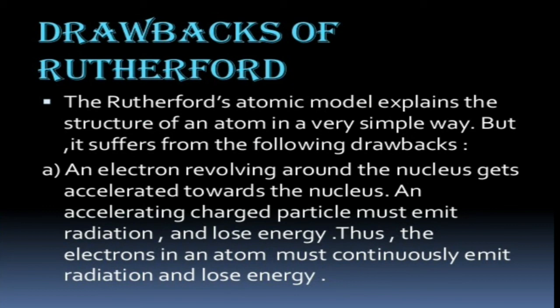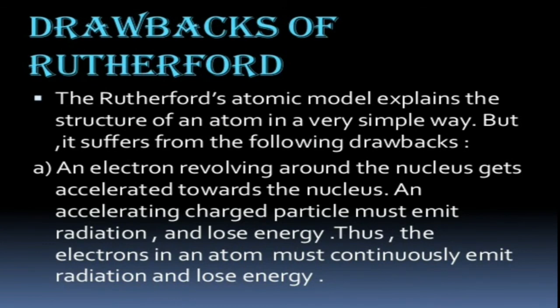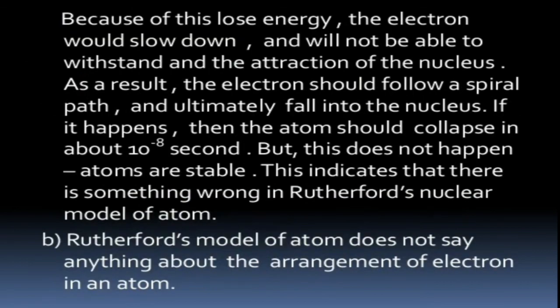Emitting radiation means this electron which is revolving around the nucleus should lose its energy. So the electron in the atom must continuously emit radiation and lose energy, and because of this loss of energy, the electron will continuously slow down and will not be able to withstand the attraction of the nucleus.